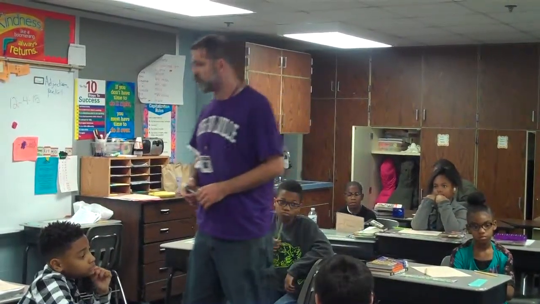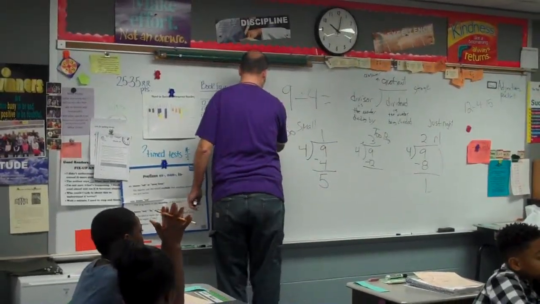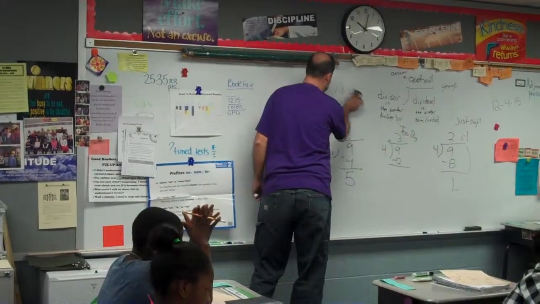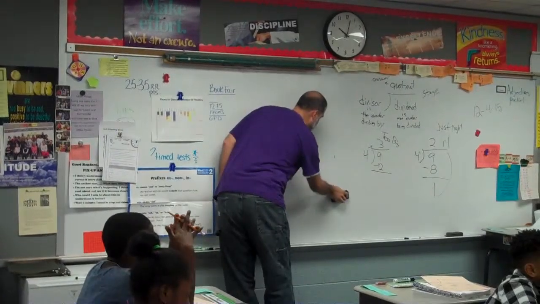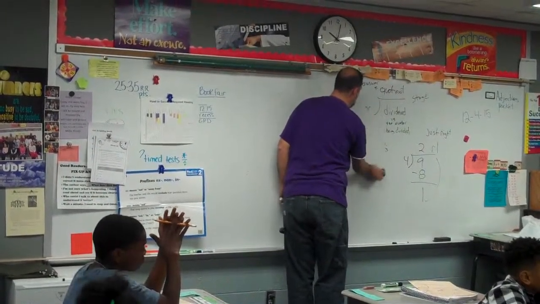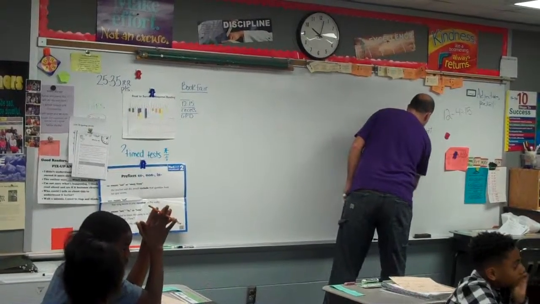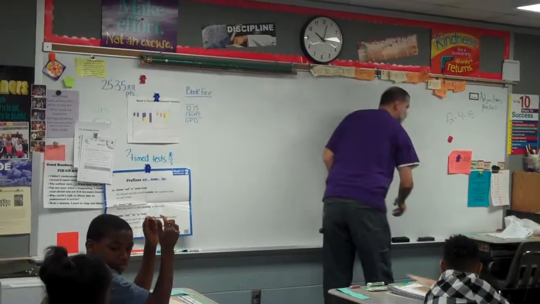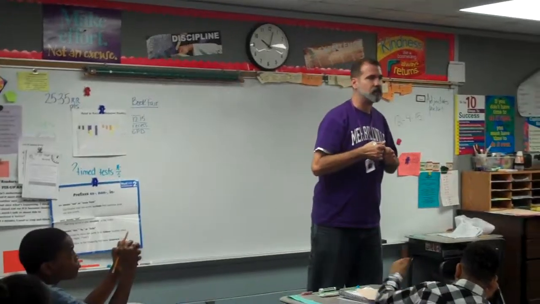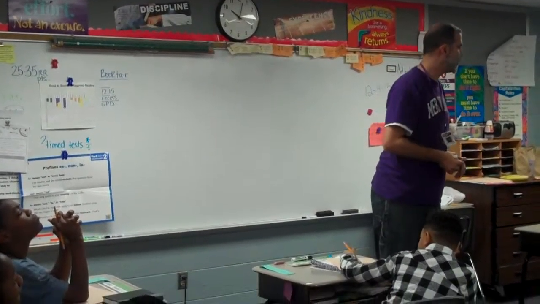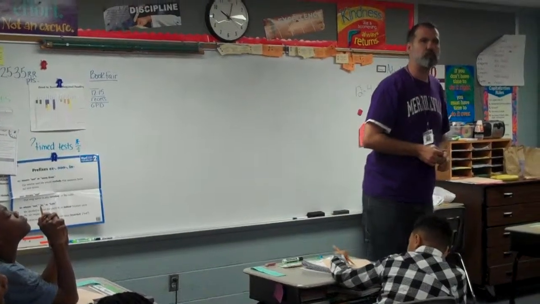Let's try one more on our own. I want to challenge you, because from the looks of your papers, you guys are getting this. See if you can do one on your own. I know you guys are good with your multiples of 2, 3, and 4, so I'm going to do one of those.